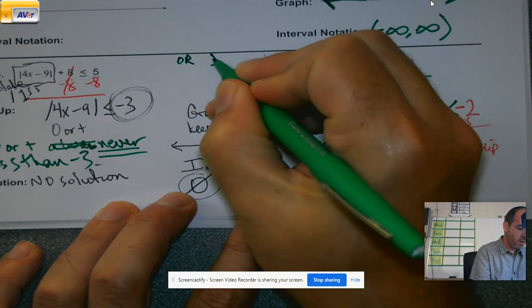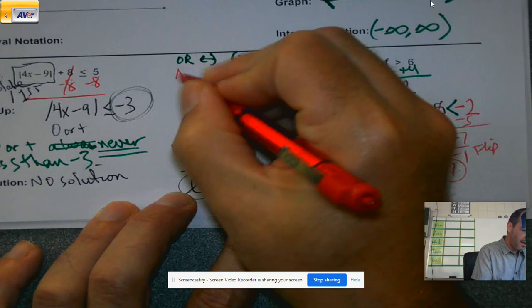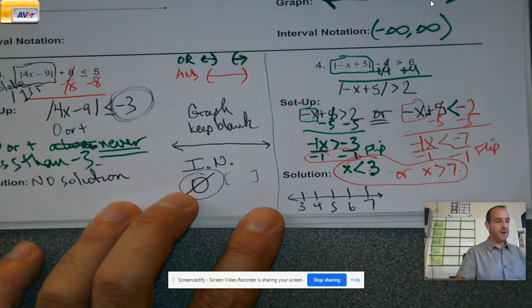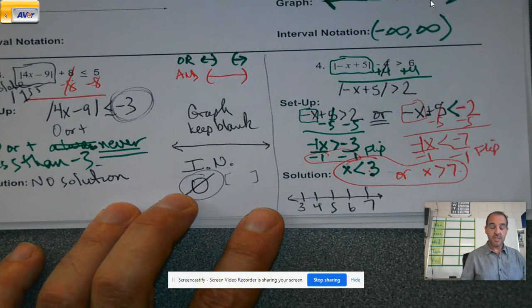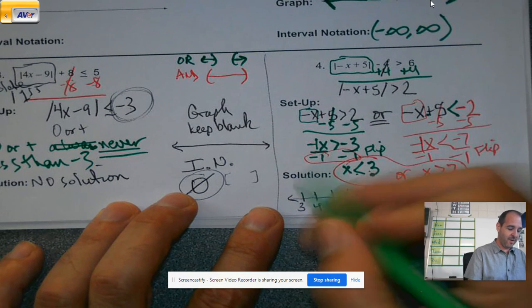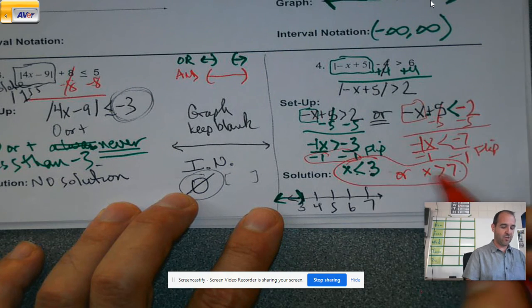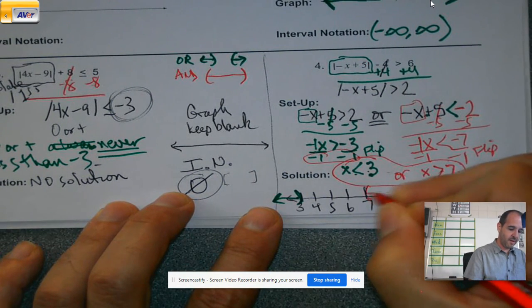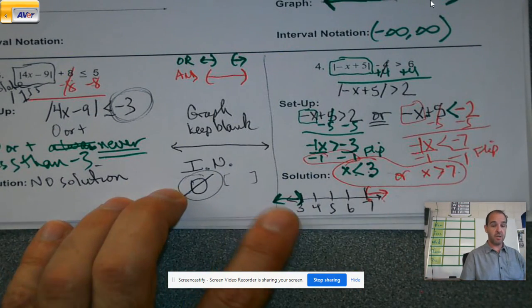Or goes out typically and comes together in the middle. Again, if you have this stuff, use it as you're doing the assignment. Just saying, it's going to make your life easier. X is less than 3. Less than goes left. X is greater than 7. Greater than goes right. Yep, that's the way it's supposed to look.